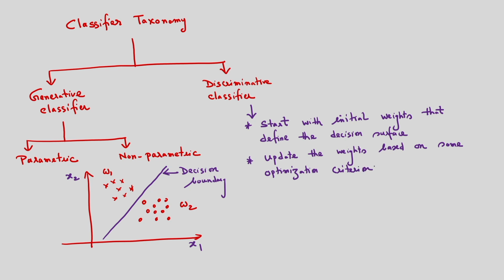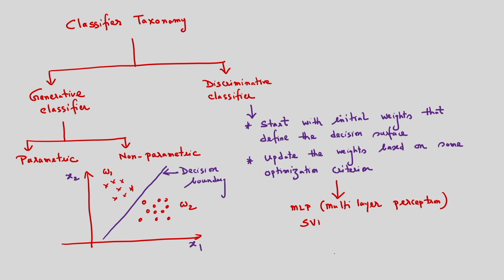So I have to apply some iterative algorithms, and finally I will be getting the best decision boundary between the classes. In this case I can give some examples like MLP, the multi-layer perceptron, or maybe we can consider the single layer perceptron.